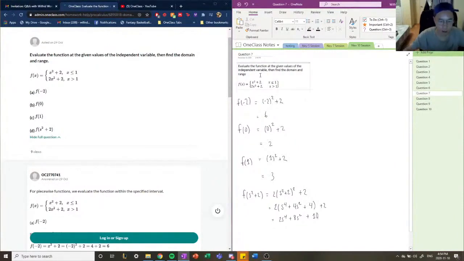Alright, so if I were to define domain, domain would be all values of x that can be mapped by f of x. So that's going to be the definition of a domain that we're going to be using, which means all values of x that can be mapped by the function.